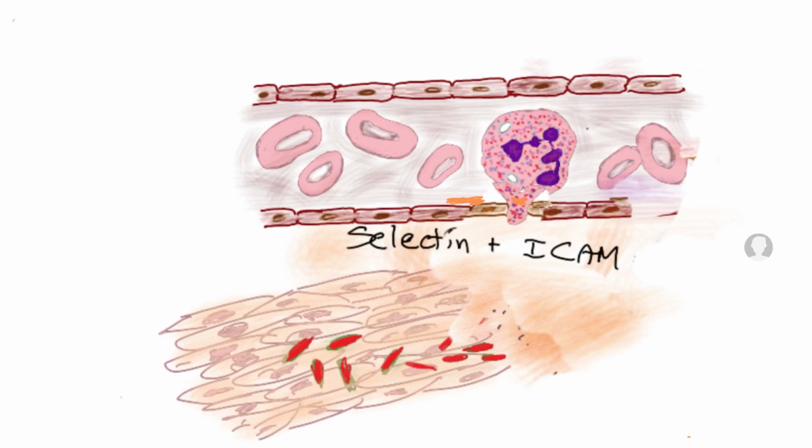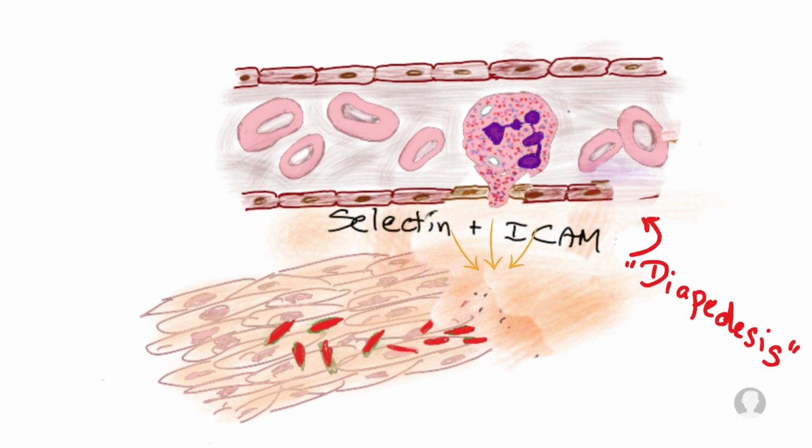The neutrophils interact with ICAM and selectin adhesion proteins in the inflamed endothelial cells, making the neutrophils stick, and they squeeze through the endothelial membrane in a process called diapedesis, exiting the blood vessel and attracted by chemoattractants such as the fMet peptides of the bacterial proteins, LPS of the bacterial membranes, and tumor necrosis factor.